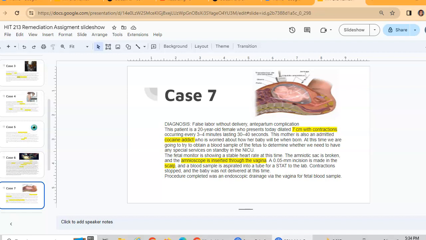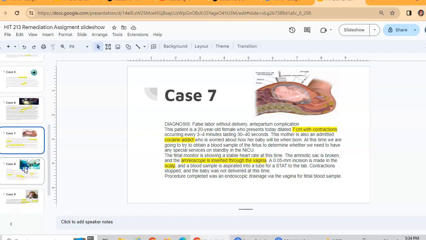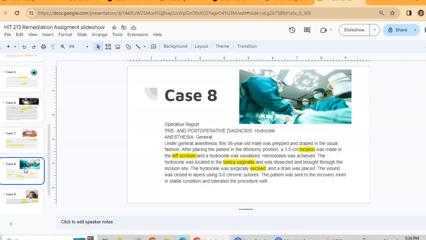Okay, case number 8. For case 8, we are going to Google hydrocele or hydrocelectomy or hydrocele excision.